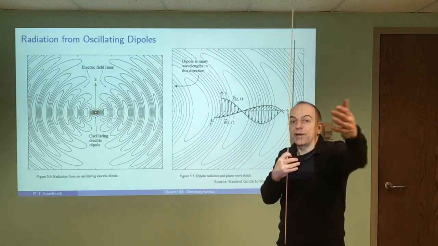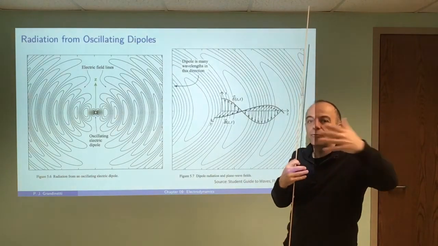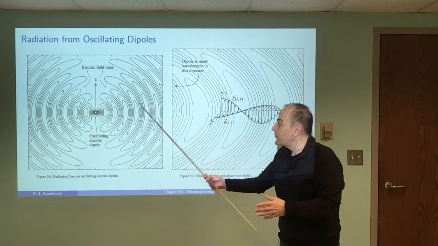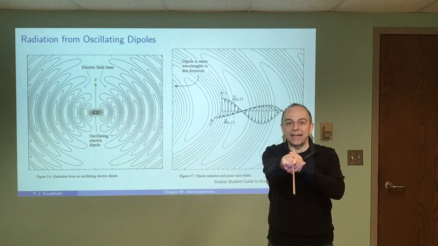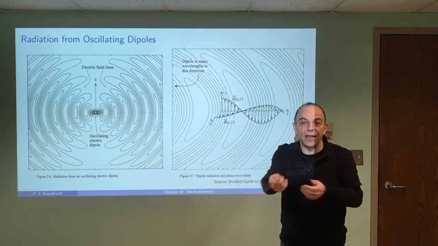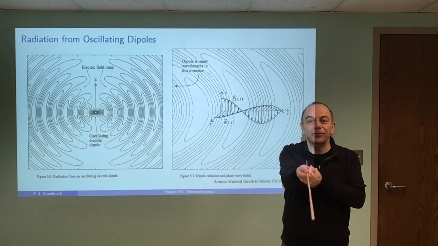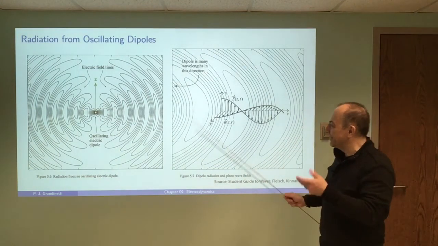The waves coming off this dipole oscillator would be transmitted, so the energy coming off would be received by them and vice versa. But of course, obviously from this picture, the last thing you want to do is point the antenna directly at them and have them point their antenna directly at you, because that's the region where there's no energy coming off, and so you're not going to get a good signal transmitted between the two of you. So you learned a little bit about antenna theory in addition here.